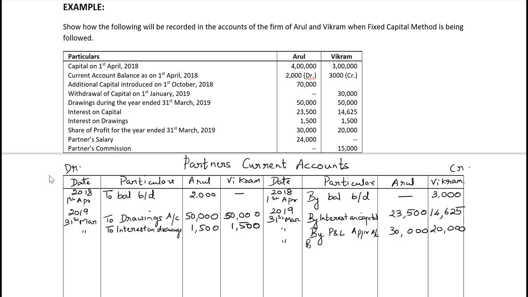Partner salary, 24,000 for Arul and none for Vikram. By partner's commission, none for Arul and 15,000 for Vikram.